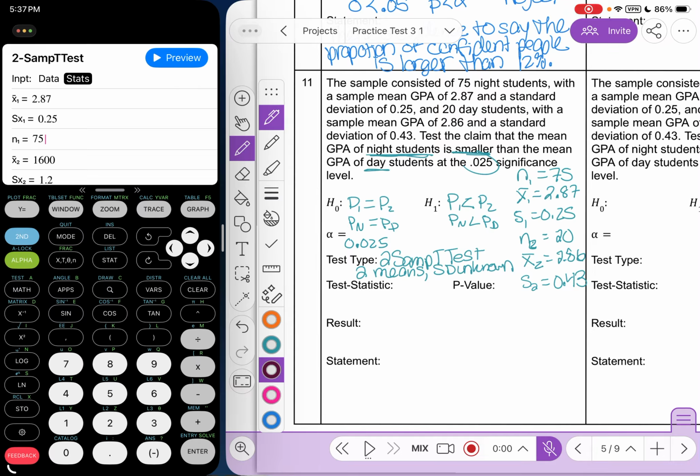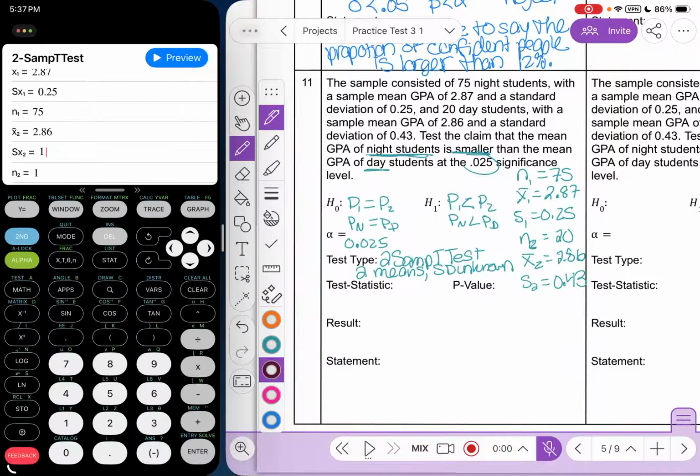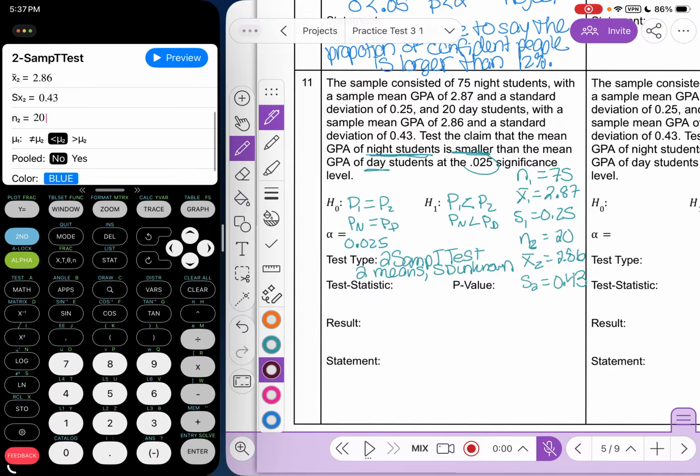N1 is 75. X2 is 2.86. Sx2 is 0.43. N2 is 20. And then we want group 1 to be less than group 2. So I pick less than, and then pooled is always no, calculate.